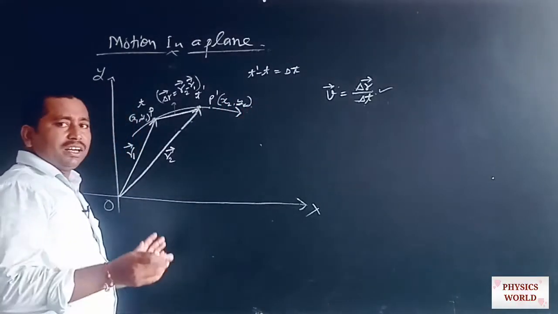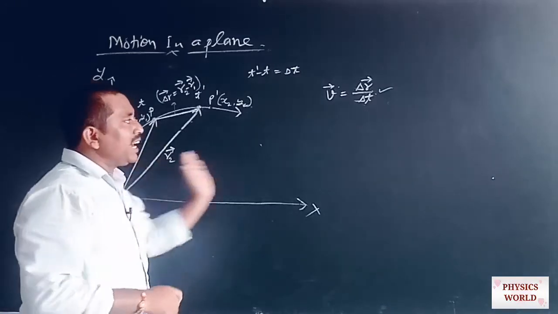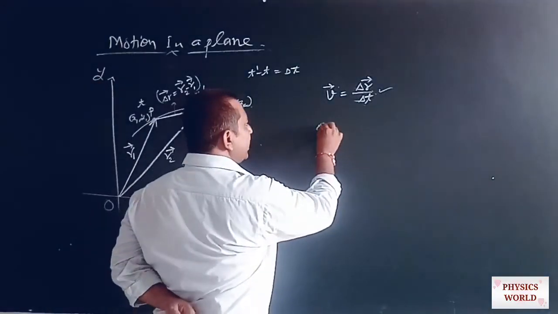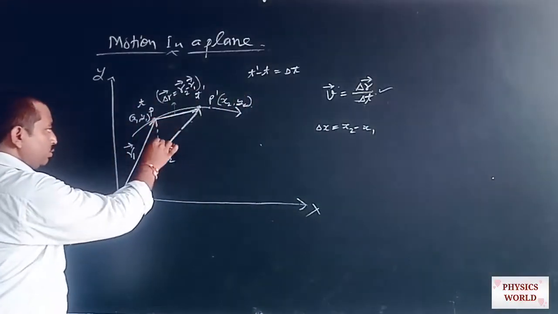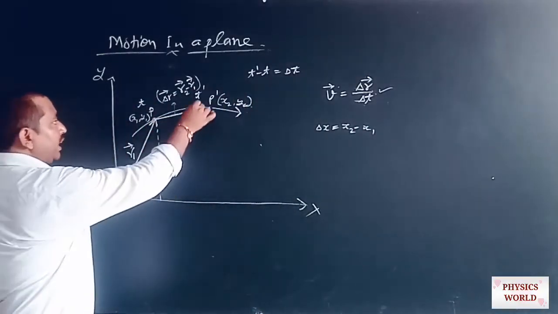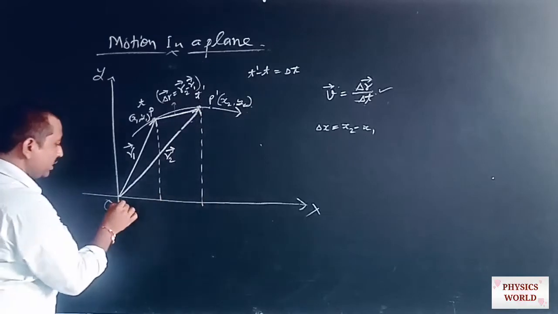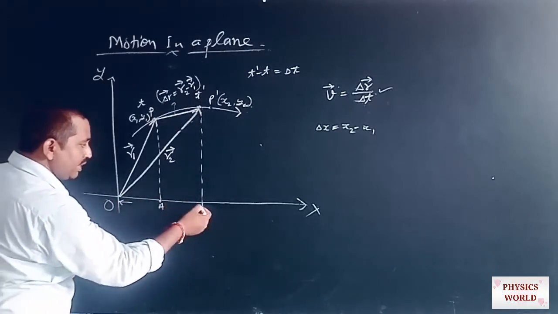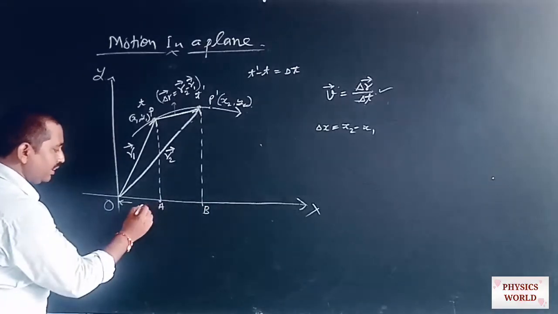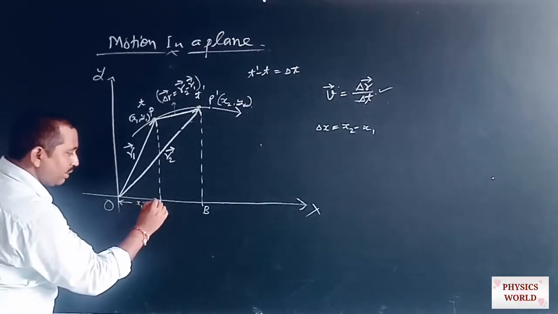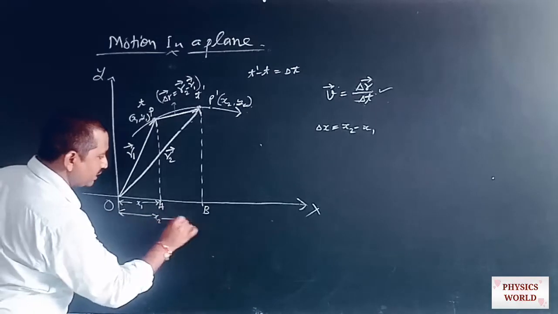How much distance is traveled by the object along the x-axis? This will be delta x, that is x2 minus x1, because if you draw perpendiculars from P and P dash meeting the x-axis at two different points A and B, then OA is x1 and OB is x2.